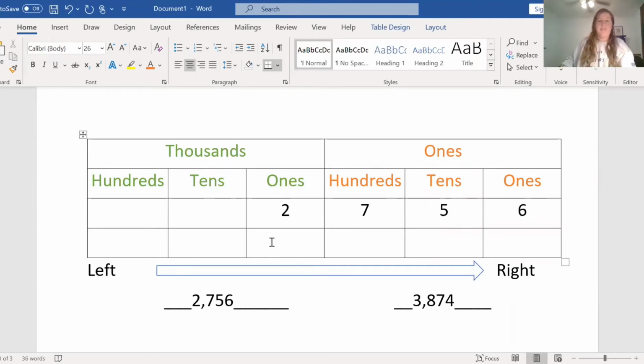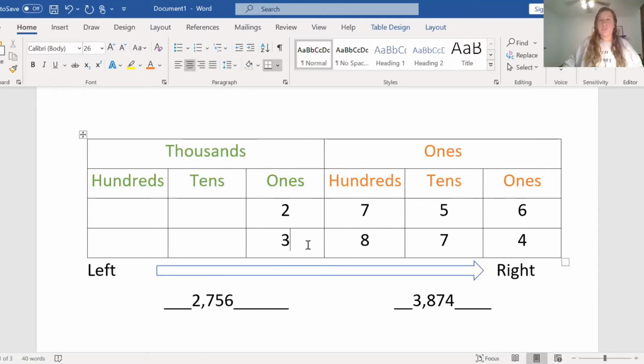And my next number, I have 3,874. Let's take a look at the thousands place right here. In this space, I have 2. And for this number, I have a 3.